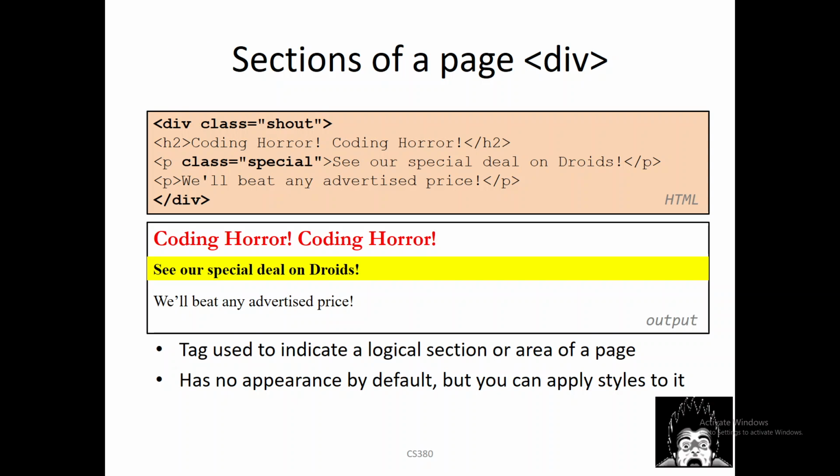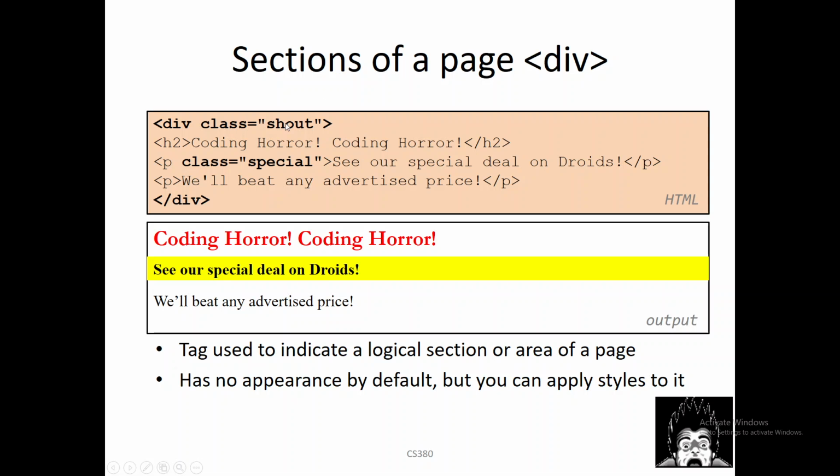For that, we will need to introduce a new HTML tag that we haven't covered yet. This particular tag is called the div tag. The div tag is a placeholder, a sort of template block element. It stands for division, and we're going to use this tag to define the sections of our page.